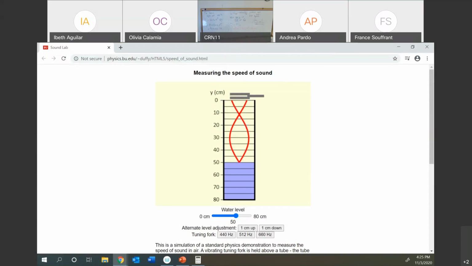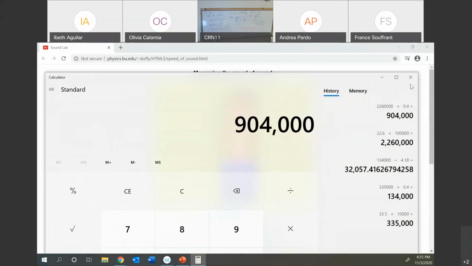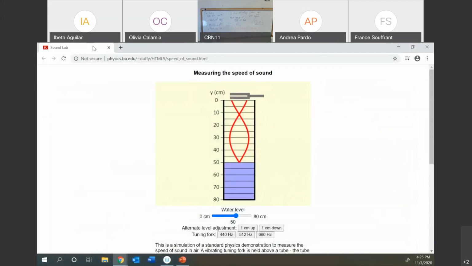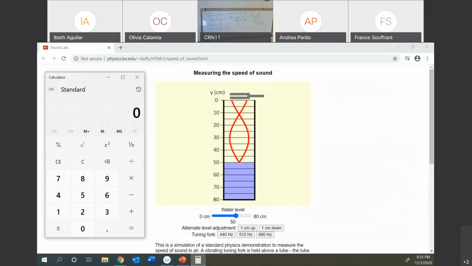That's half the wavelength. Let's take a look quickly here. So if you guys do it very quickly, oh, here it is. So 39.8 approximately times 2, that's the total wavelength. But that's in centimeters. That is the wavelength of the air due to a 440 Hertz tuning fork.